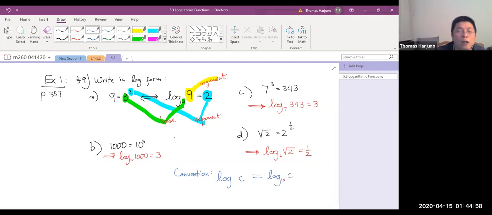While if you see natural log of C, that's actually log with base e. Okay, that's just for notation.